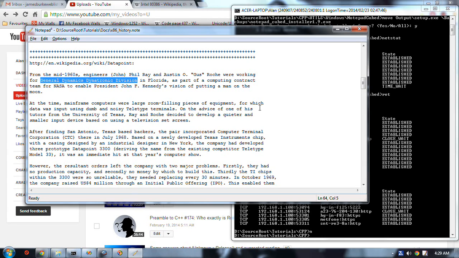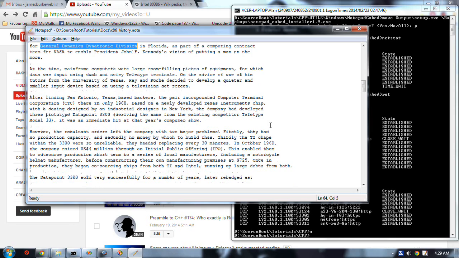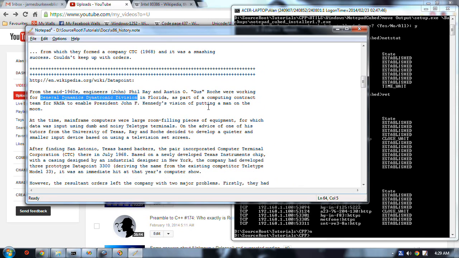And of course, they had to work on these mainframe computers. And they came up with this idea of developing something instead of using these noisy teletype terminals. Here, I'll show you the page.